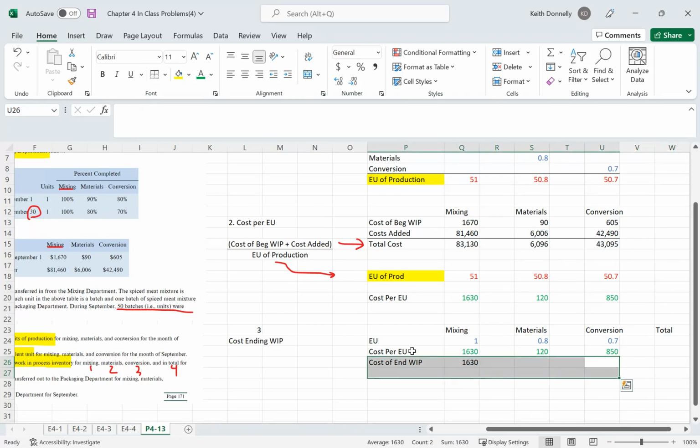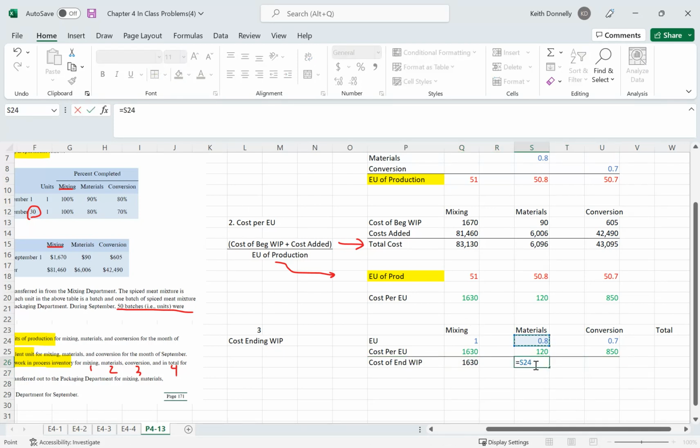Let me draw a line here. 96 with regard to materials, and 595 with regard to conversion. So in total, if we add that plus our materials plus our conversion costs, we're looking at 2321. So that's for 3.